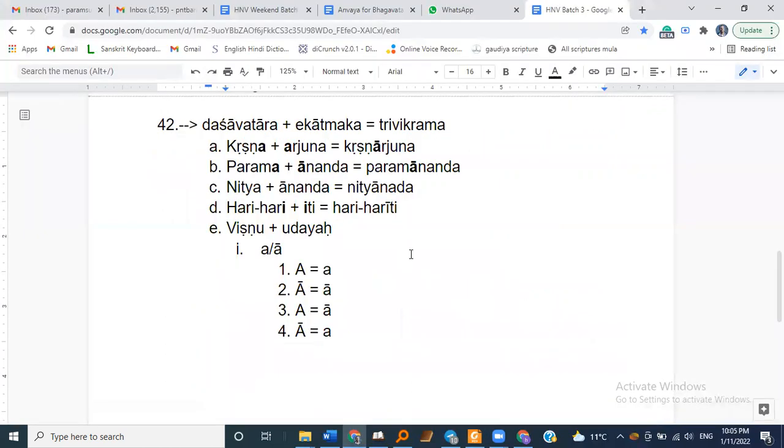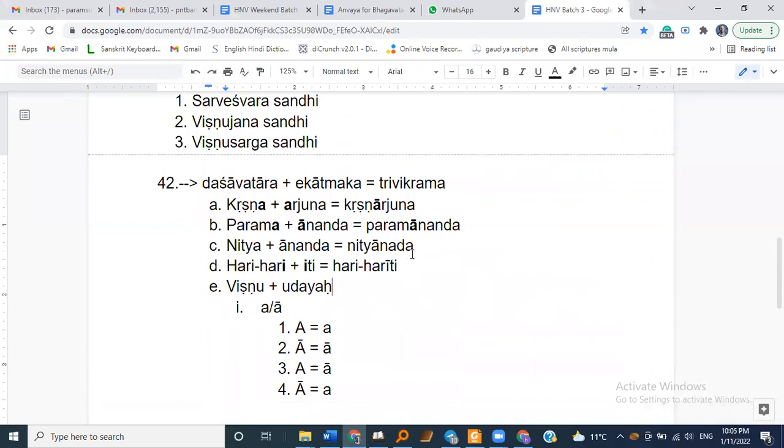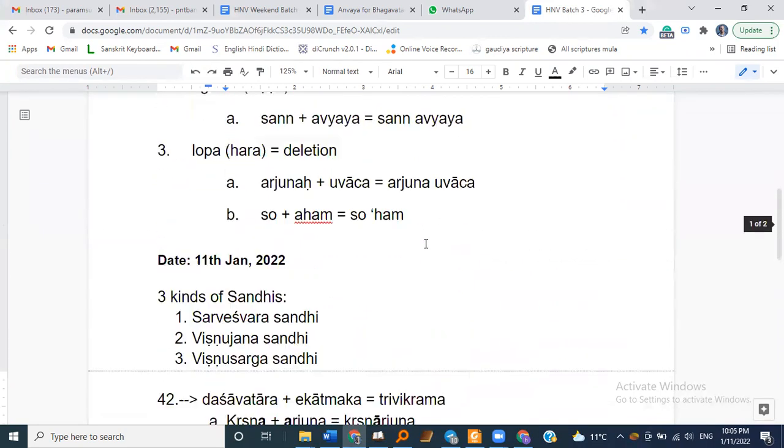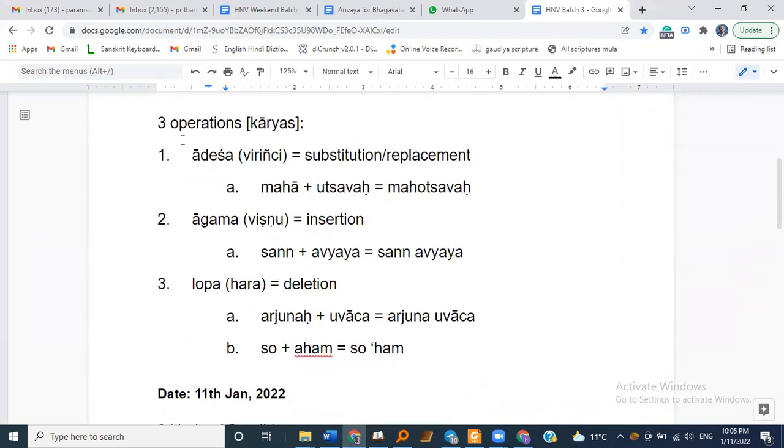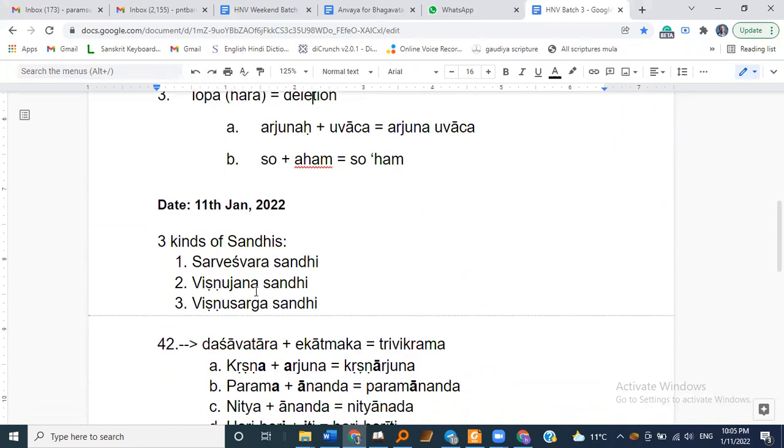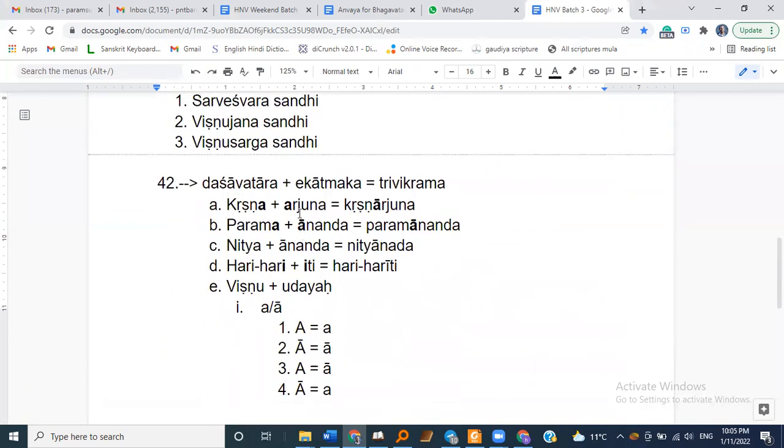So out of the three karyas which we had studied in the last class, if you remember, we did these three operations: Adesha, substitution; insertion; and deletion, Virinchi, Vishnu, and Hara. Which of the three karyas is happening in these Sandhi rules? Are we inserting something, deleting something, or replacing something?